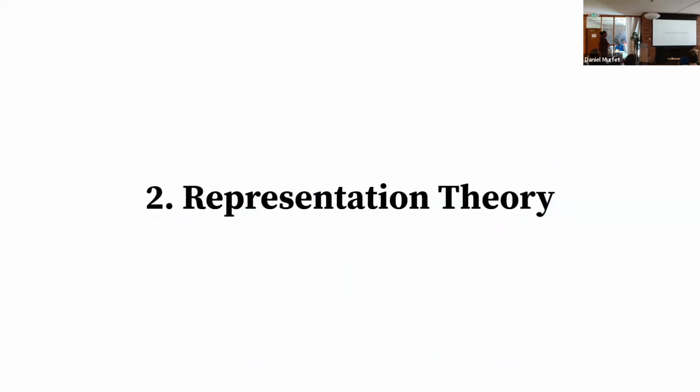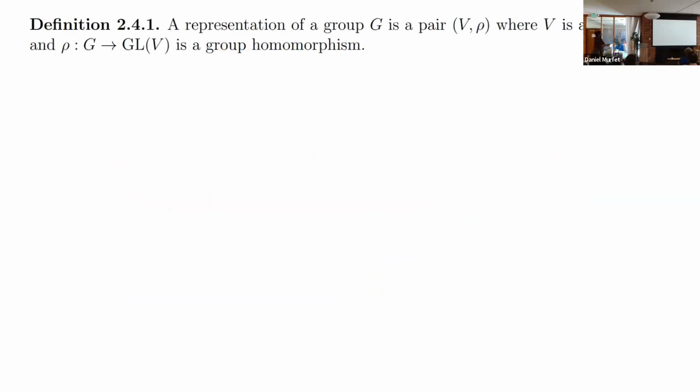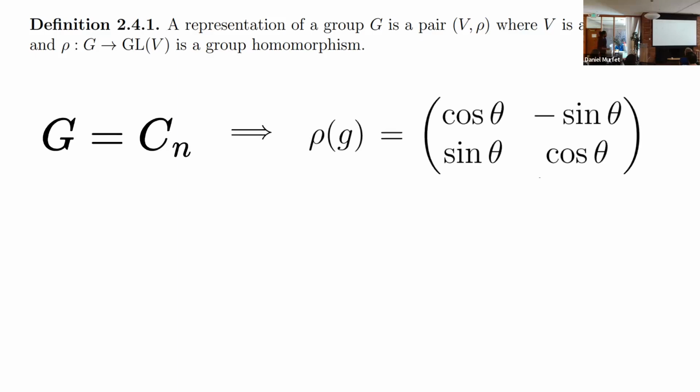Okay, part 2, rep theory. This is what a representation is. It is a homomorphism from a group to a matrix group. We only look at real representations, maybe unprincipled, but networks only use real numbers, so let's just look at real things for now.